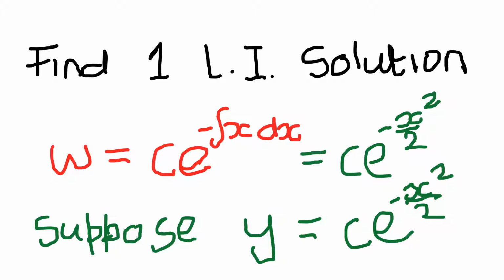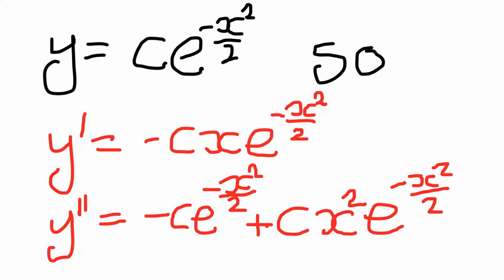So what we do is we suppose that y is equal to c e to the minus x squared over 2. We differentiate it once to get the first derivative, which is this expression here for y prime. And then we differentiate a second time to find y double prime, or y double dash as I often call it, and we get this expression here.